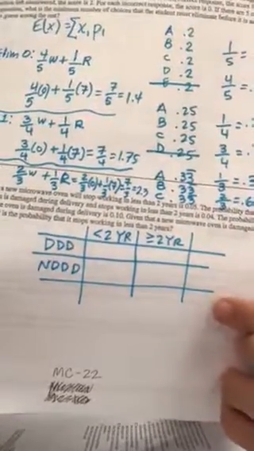Okay? And so I'm going to make a two-way table, and I know that this grand total has to be 100 if I can work in percent. So they tell me, a probability question, that the probability that the new microwave is damaged during delivery and stops working in less than 2 years is 0.04. So I write this.